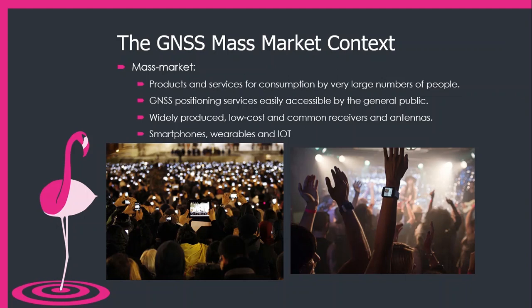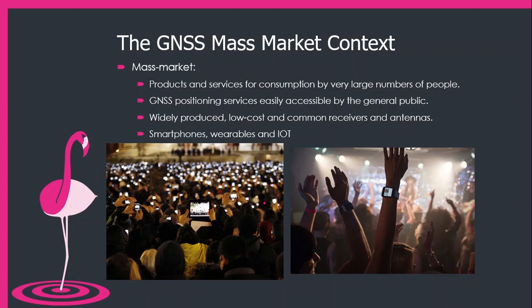So to give some summary of the GNSS mass market context, which is essentially what Flamingo is trying to target. We're seeking to address higher accuracy positioning in devices that millions and millions of users have integrated into their everyday lives.